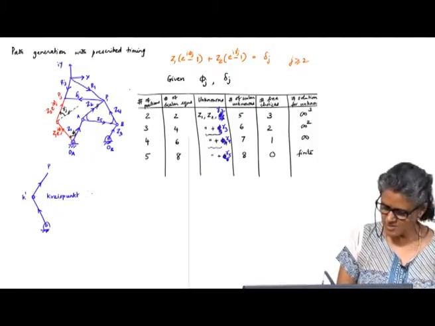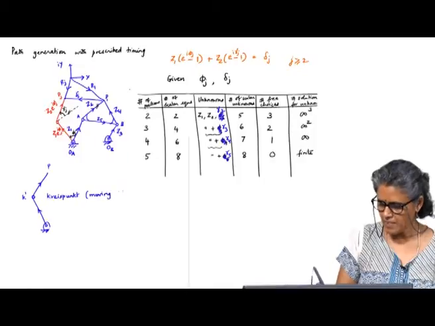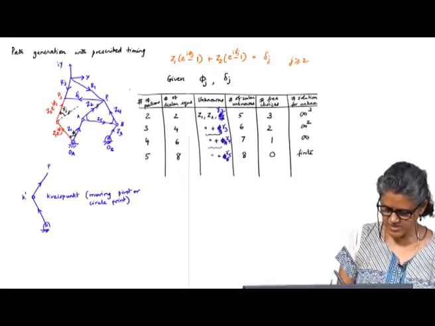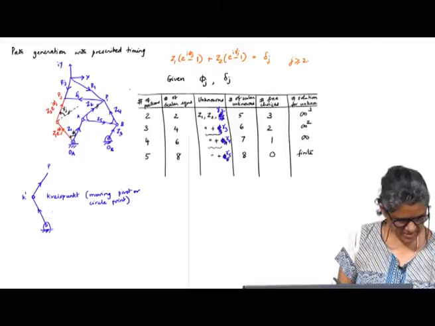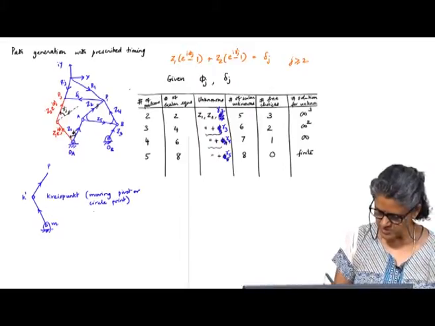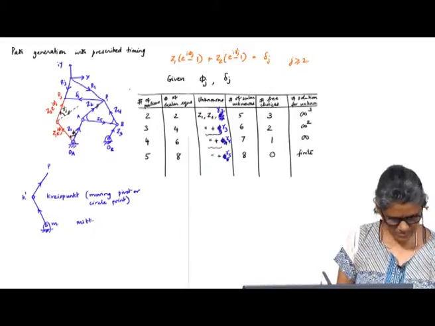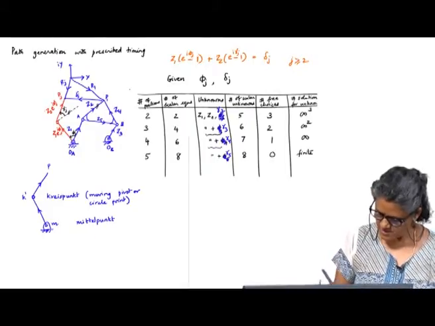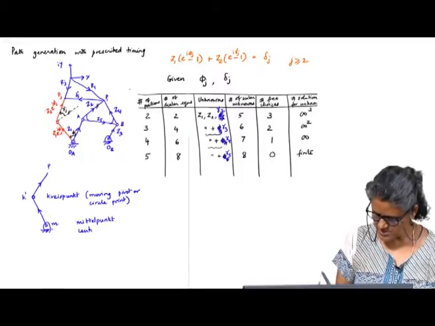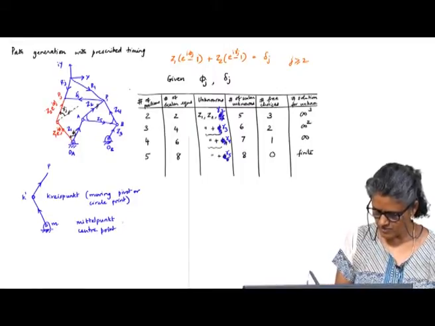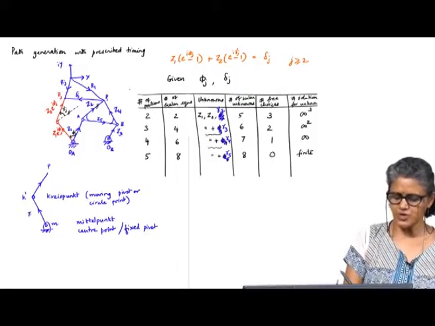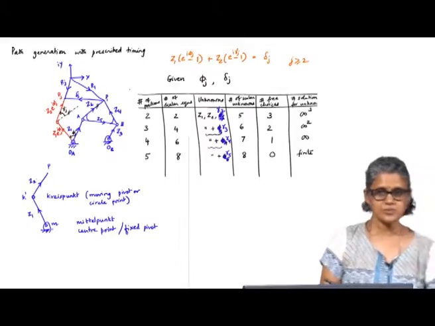This is the moving pivot or circle point. And this is M. This is easier to remember because it is Mittelpunkt, the middle point, so it is the center point or fixed pivot.